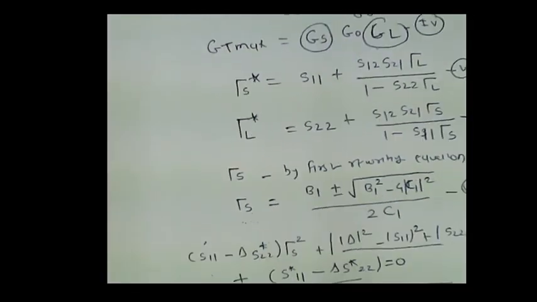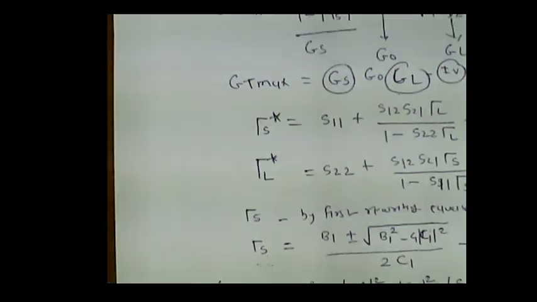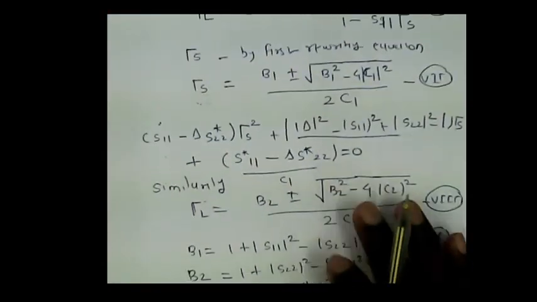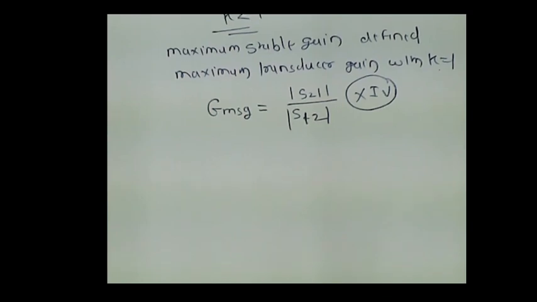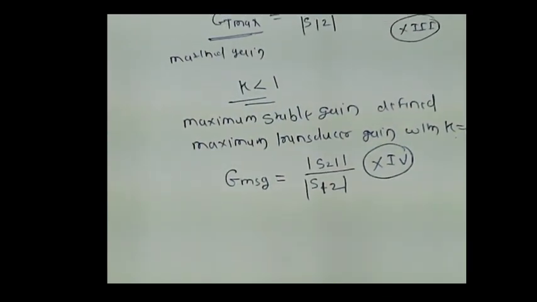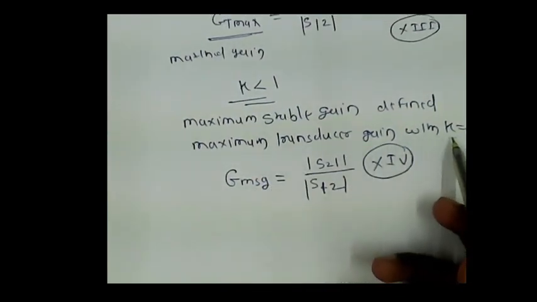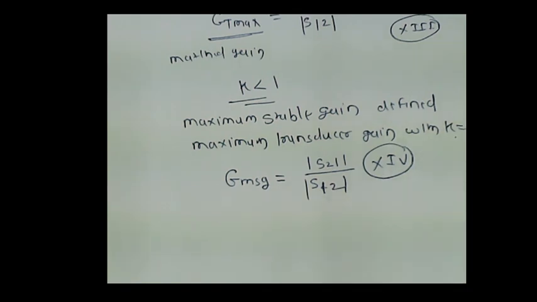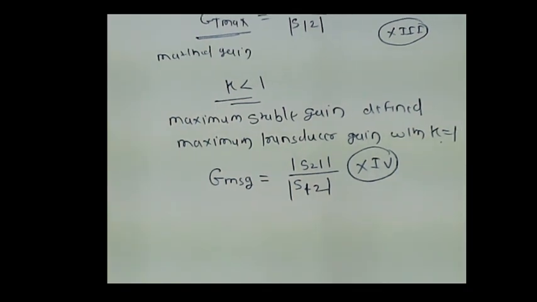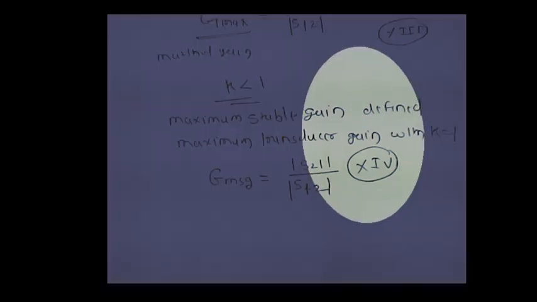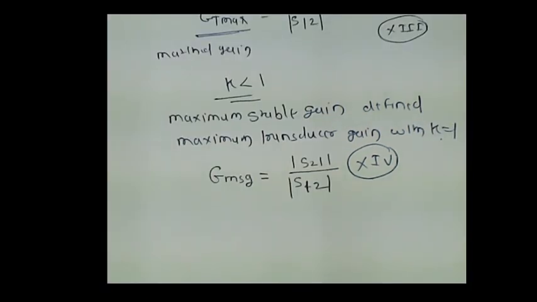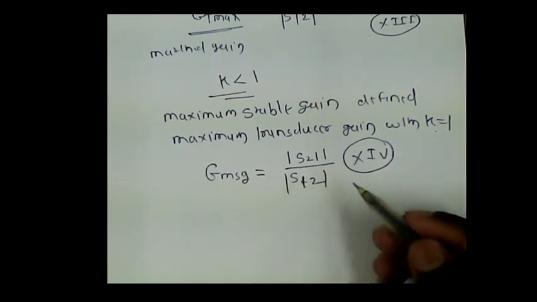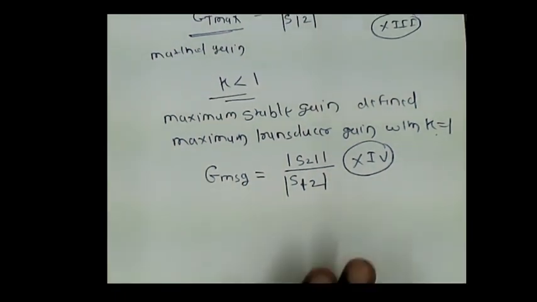By solving these equations for the lossless case, we get the maximum stable gain for the maximum transducer gain with K equal to 1, where K is Rollett's condition for stability testing, and we get the maximum stable gain by equation 14.